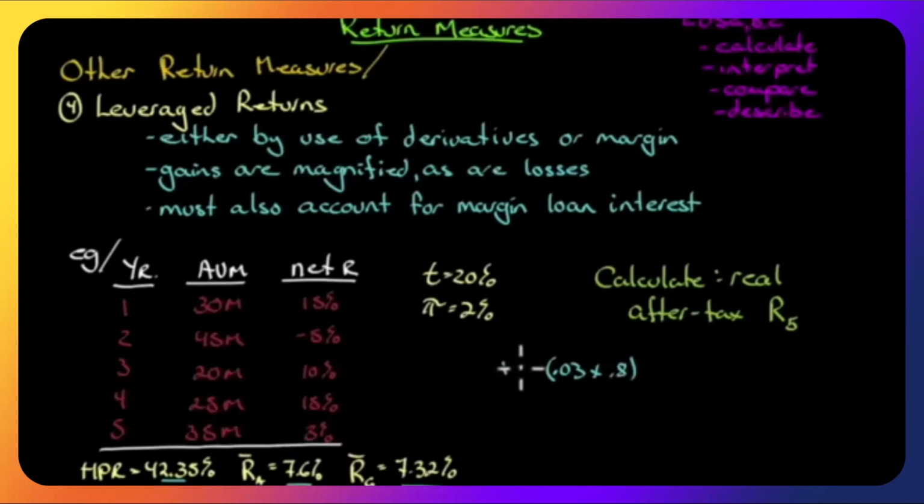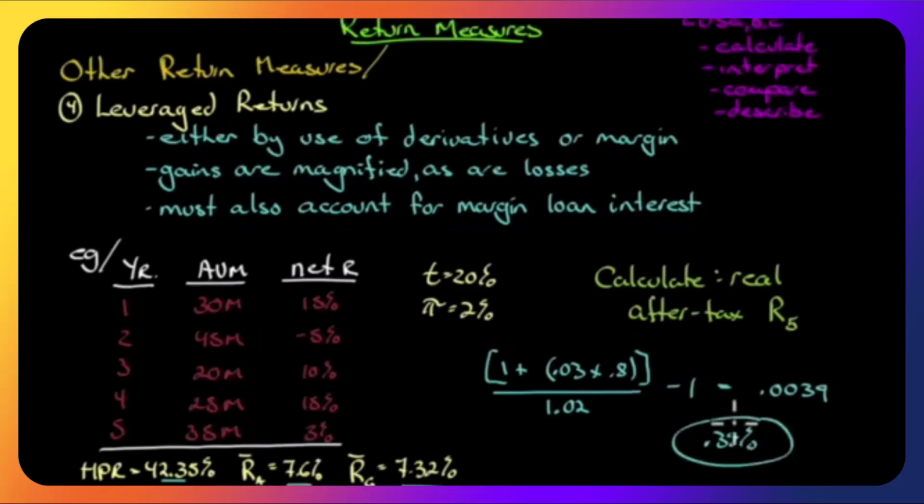So we would have had 1 plus 0.024, and if we discount that back at the rate of inflation, 1.02, and of course subtract our 1, we will get 0.0039, or 0.39%. So in year 5, our after-tax real return is 0.39%.